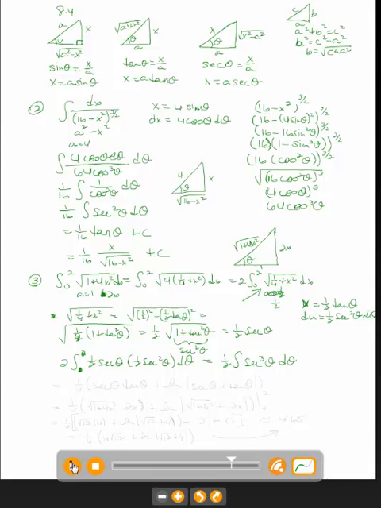And then we have to use reduction formula 4, which I wrote in the previous section. Remember you might want to put some of these on your note card for your test.